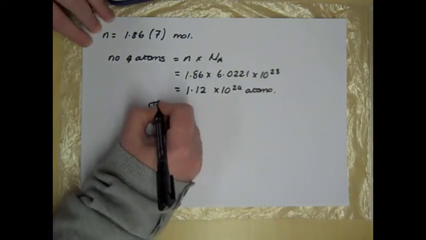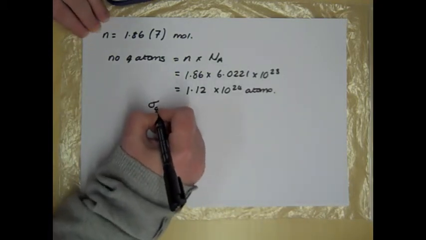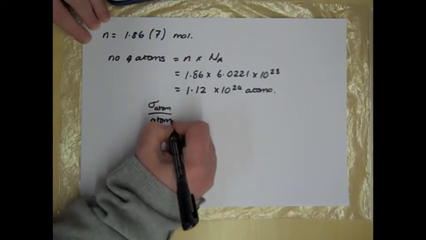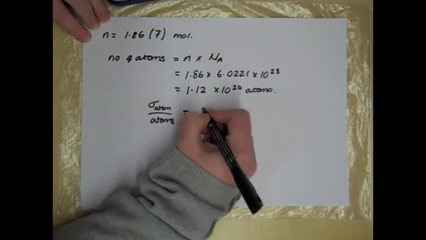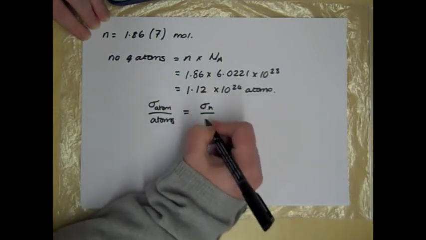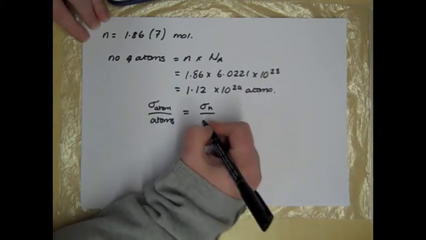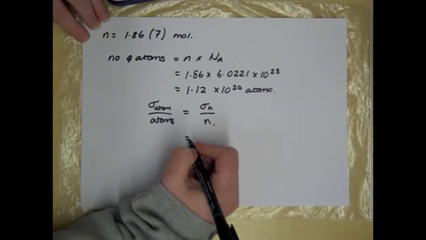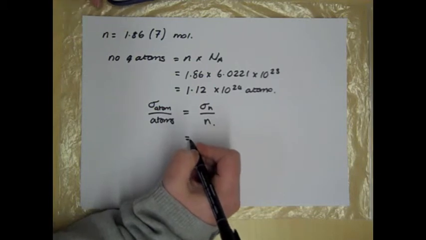So now the uncertainty in atoms divided by the number of atoms is equal to my uncertainty in my moles divided by my number of moles, which I have as 0.07 divided by 1.86.